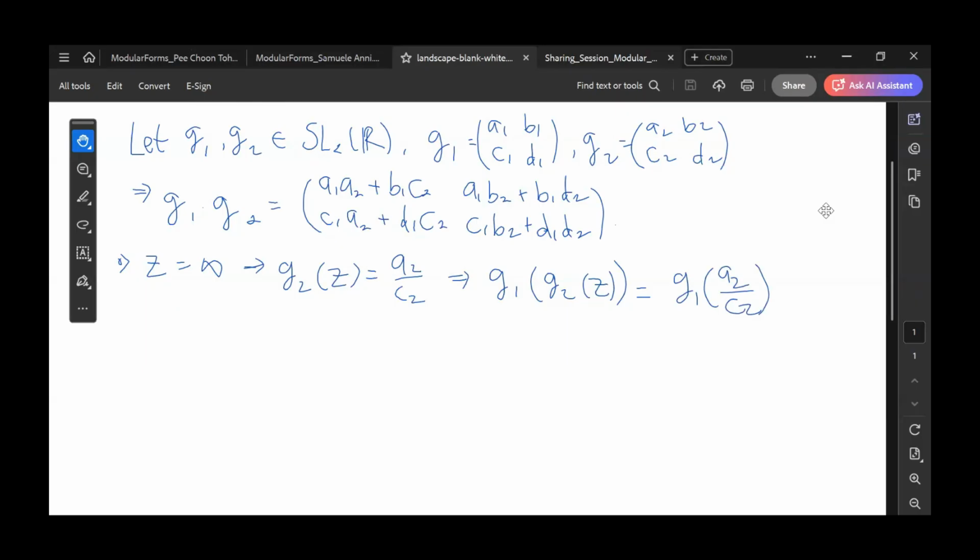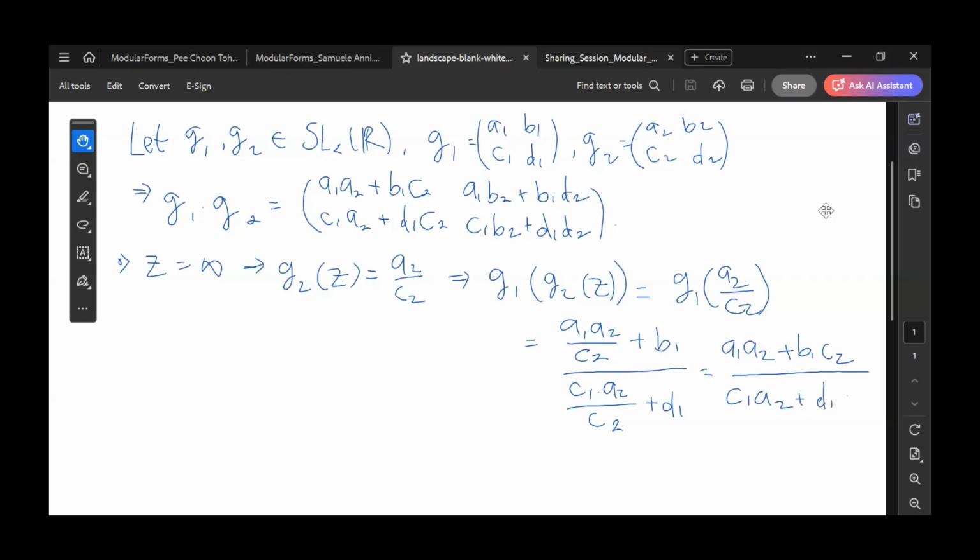This means that this will be a1 times a2 over c2 plus b1, over c1 times a2 over c2 plus d1, which we can then transform into this: (a1a2 plus b1c2) over (c1a2 plus d1c2).